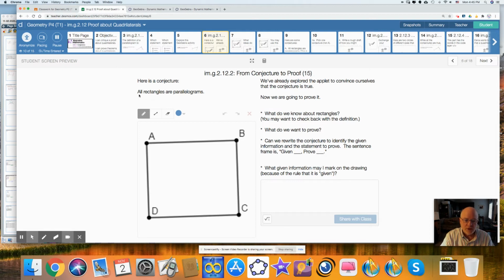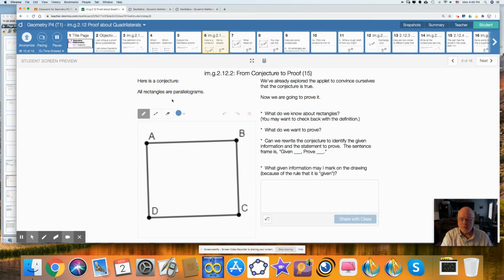So given angle A, angle B, angle C, and angle D are right angles, because it's a rectangle. Prove AB is parallel to DC, AD is parallel to BC. We're going to prove that both pair of opposite sides are parallel. Now, I could have said, given that this is a rectangle, prove that it is a parallelogram.